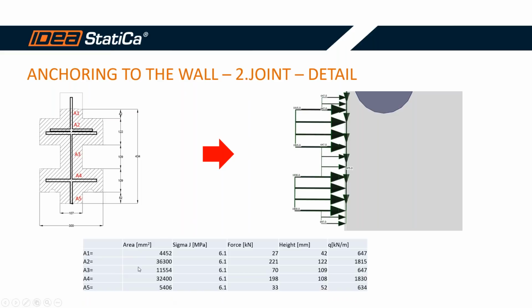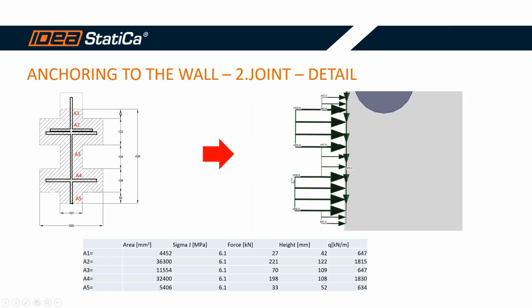And if we know area and the stress, we know the force, and we can as well receive the uniform load which will be acting on the left edge of the wall, and the shape of the uniform load looks in this way.